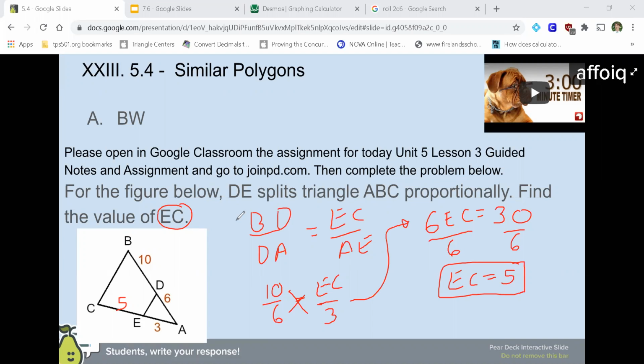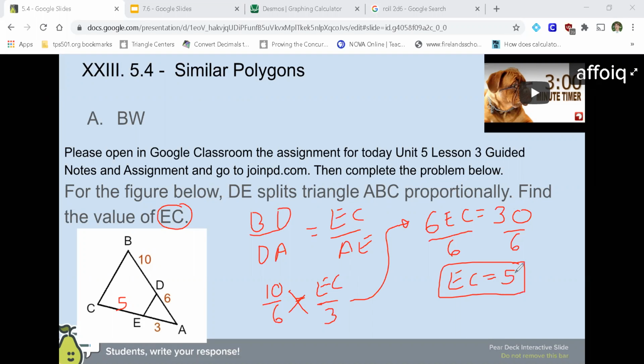Yeah? For this line right here? Let me just walk through it because I'm not sure exactly. It's BD over DA equals EC over AE. And then 10 over 6 equals EC over 3. And then 6 EC equals 30.